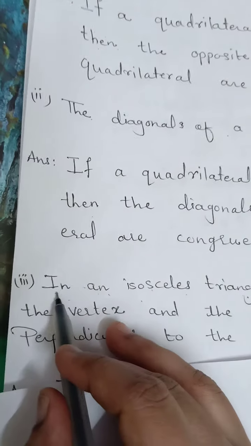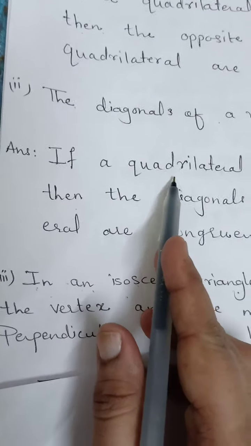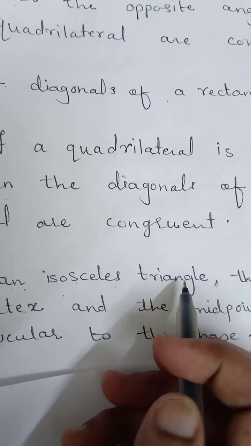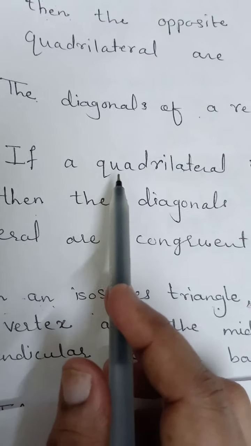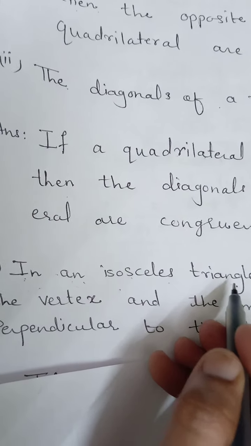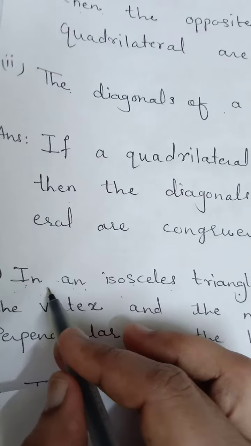What is the change? The statement will start with if: if a triangle, in the place of quadrilateral it is triangle. If a triangle is an isosceles triangle, because this statement is related to triangle. Then the second statement will be the same.